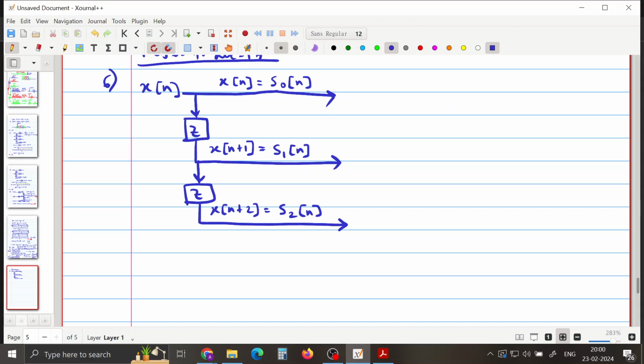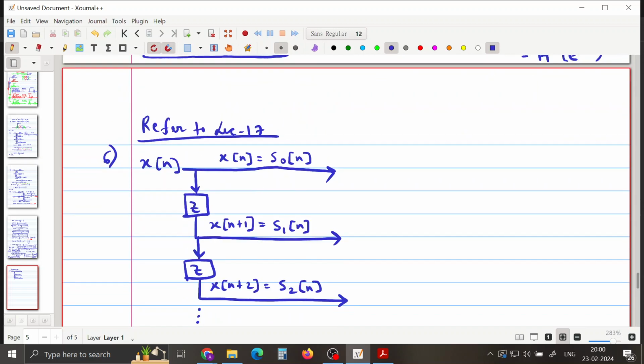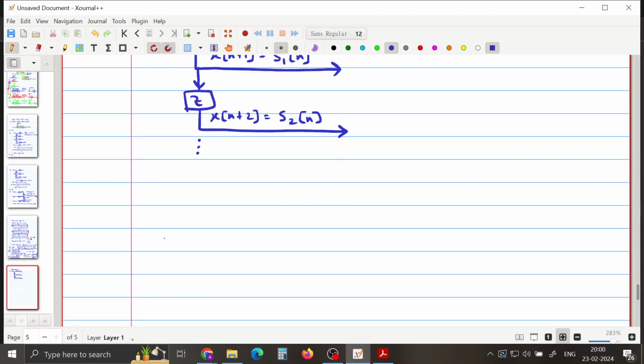And now you know the relation: x of n plus i is the same as si of n. It's consistent with the notation used in the lectures as well. That's why I asked you to refer to lecture 17. These parallel branches continue all the way till the mth branch.